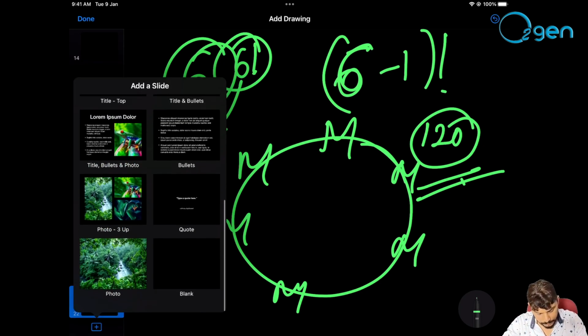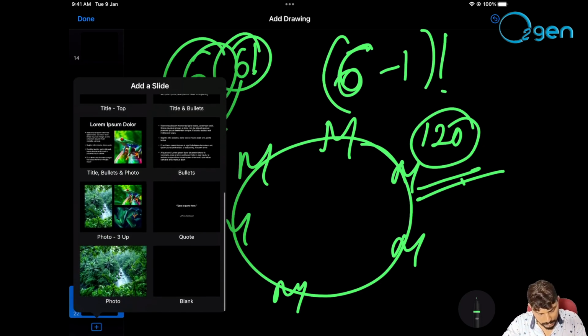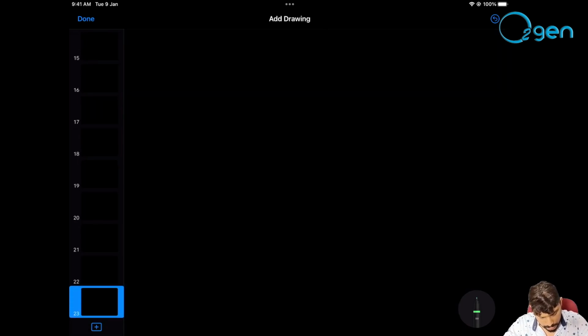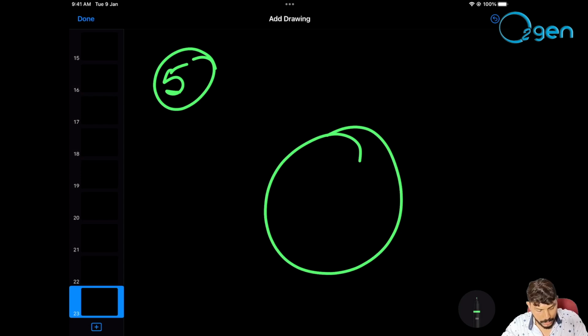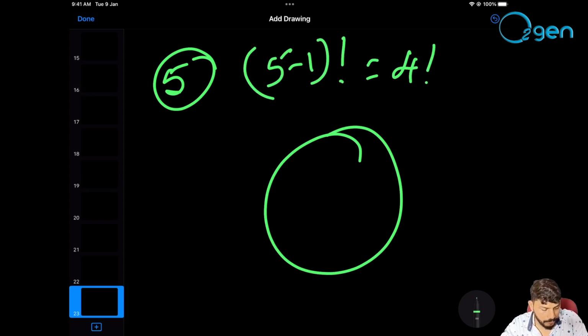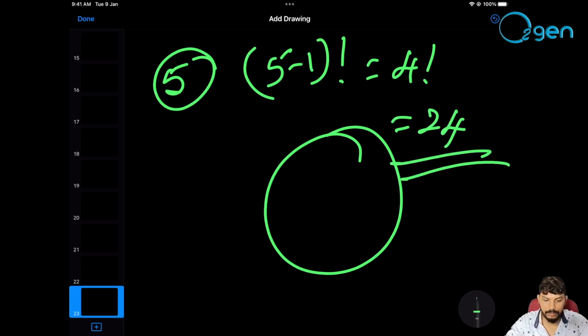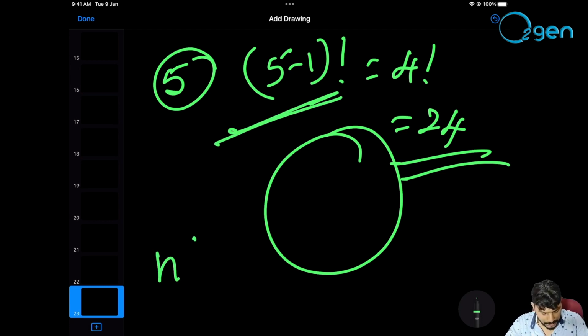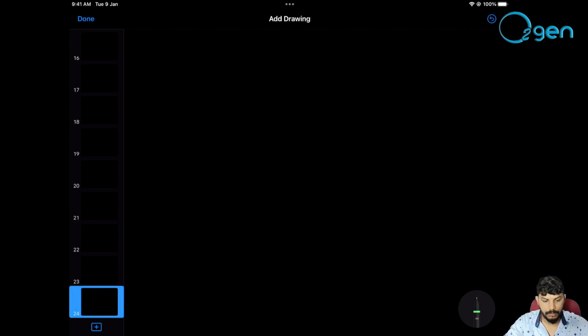Likewise, if 5 members are arranged at a circular table, it is 5 minus 1 factorial, that means 4 factorial, which is 24, right? It is n minus 1 factorial for the circular arrangement, and for the normal arrangement, it is n factorial.